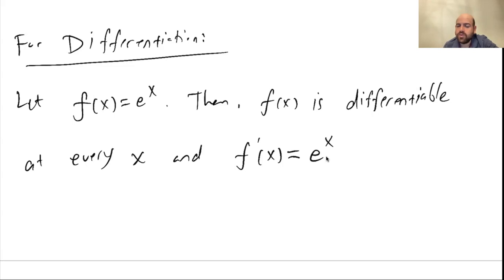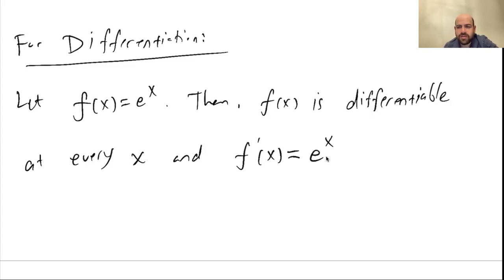So in other words, the only functions in the world whose derivative is the same as the original function are functions of the form, let's say some constant c times e to the x. If your function is c times e to the x, then the derivative of f will be f itself.